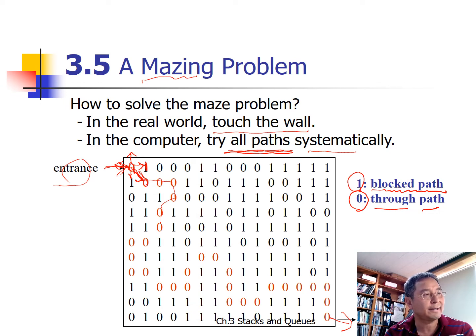Okay, and then we will find this direction. Okay, this is good here. And also, we must search possible directions systematically. So if we are here, then we must look at the north, the upward direction first, but it is blocked.